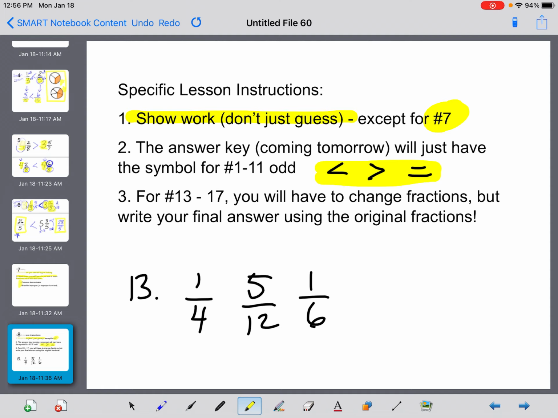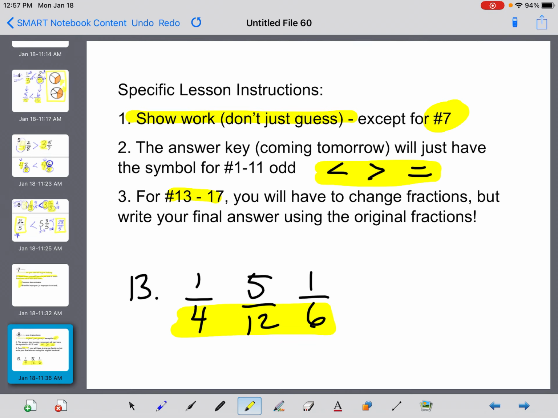And then one more thing, for numbers 13 through 17, you're not going to be comparing two fractions anymore. It will give you a list of fractions that you need to put in order. Oh, I didn't look. It's either greatest to least or least to greatest, so pay attention to those instructions. So what you're going to have to do is, within the 3 fractions, find a common denominator between the 3, okay? And then you're going to have to figure out which one's the largest, which one's the smallest, which one is in the middle.